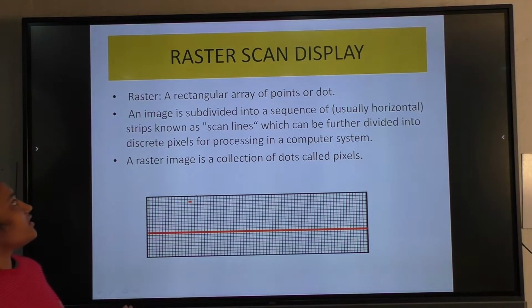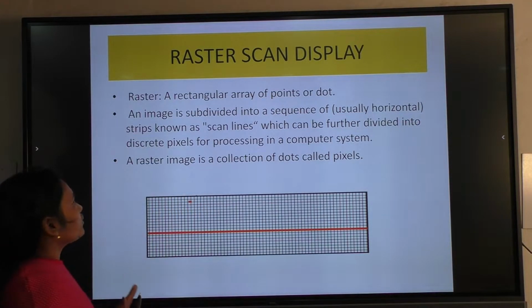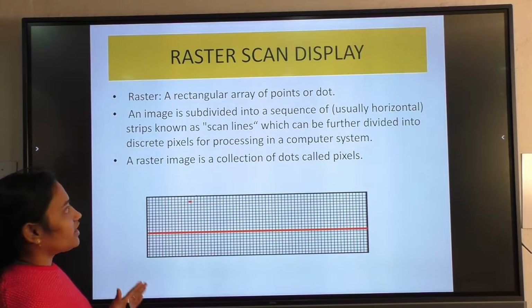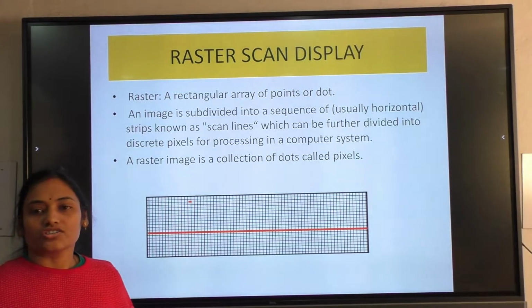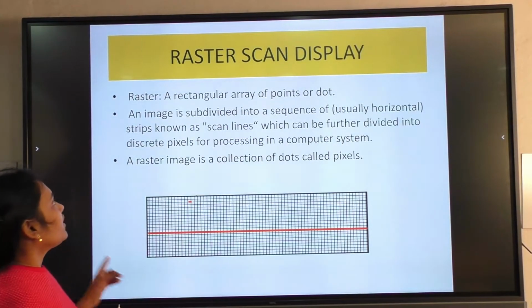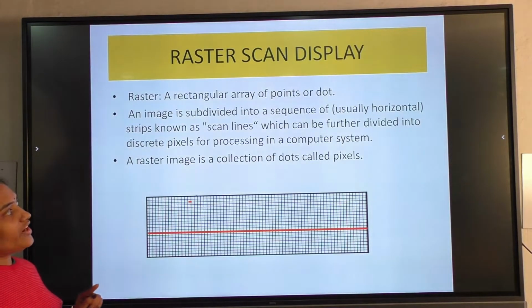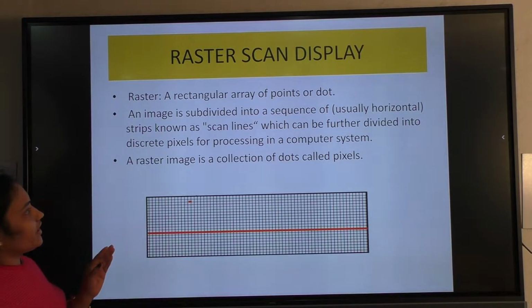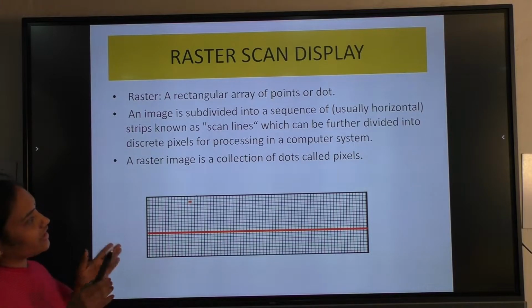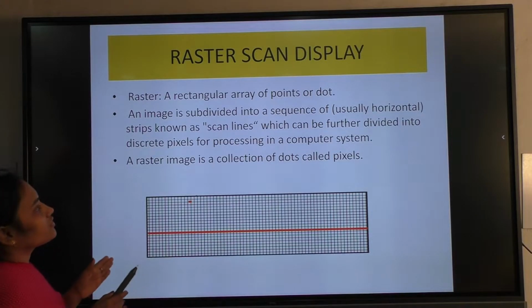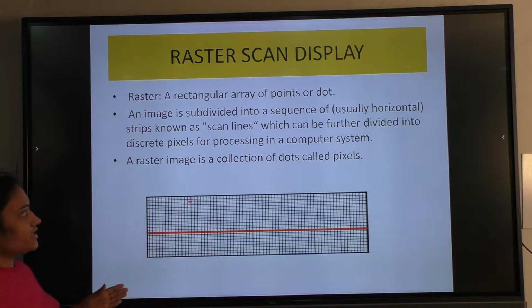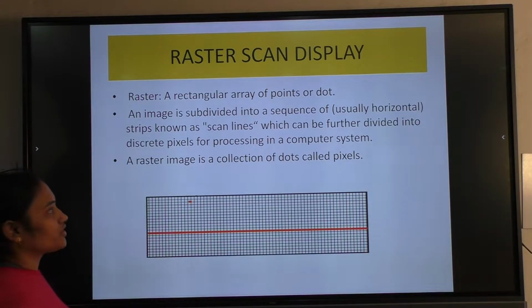Raster scan display. First of all, we need to know what a raster is. A rectangular array of points or dots is known as a raster. An image is subdivided into a sequence of scan lines, horizontally or vertically, which can be further divided into discrete pixels for processing in a computer system.